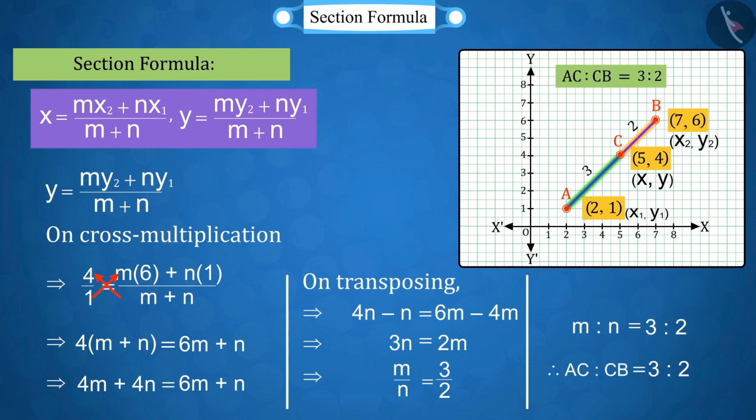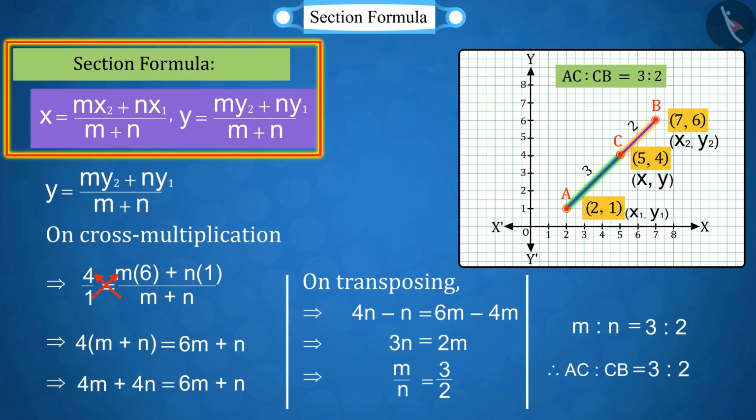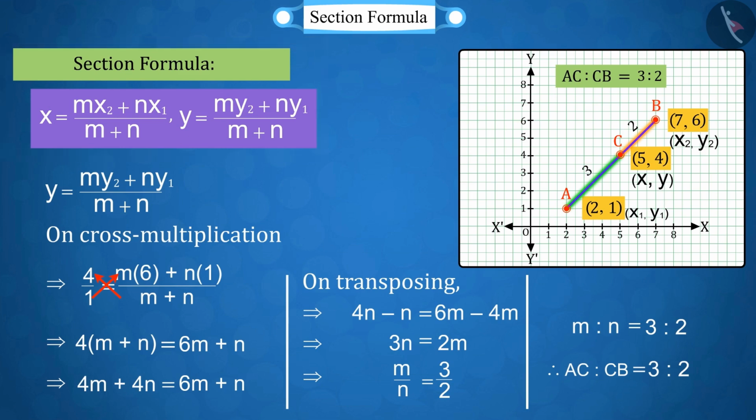Using the point y from the section formula, the value of m/n as 3/2 is what we get. So we can say that from any point in the section formula, the value of m/n can be determined. Let's look at another example.